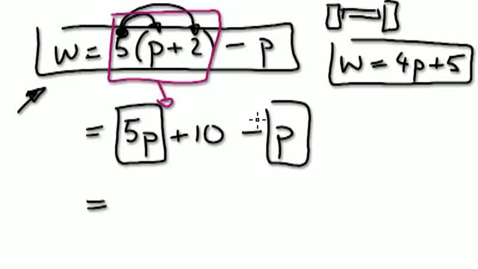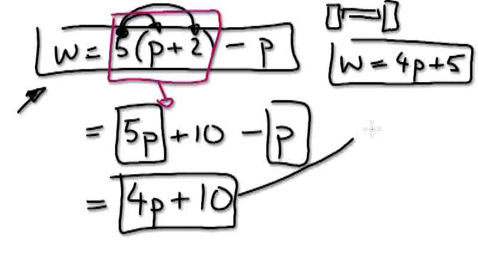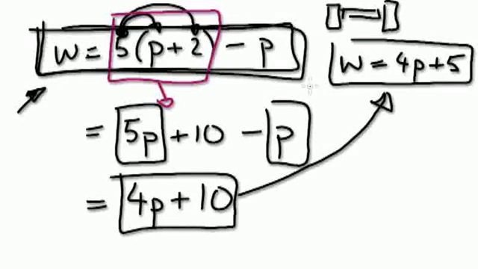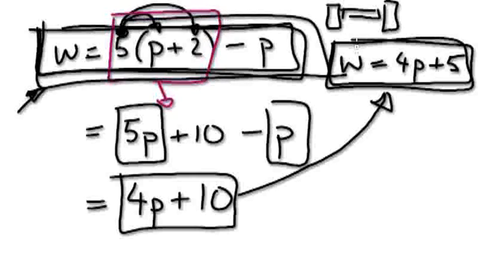Same entity, so you can merge these two together. 5 elephants take away 1 elephant would be 4 elephants plus, let's say, 10 sweets. So you see, this is actually the same as this. Even though we have 2 different formulas, it amounts to the same thing here. Okay?